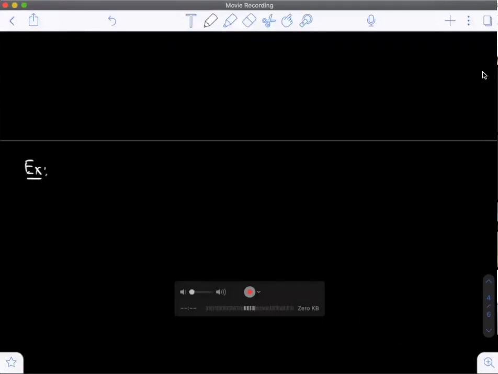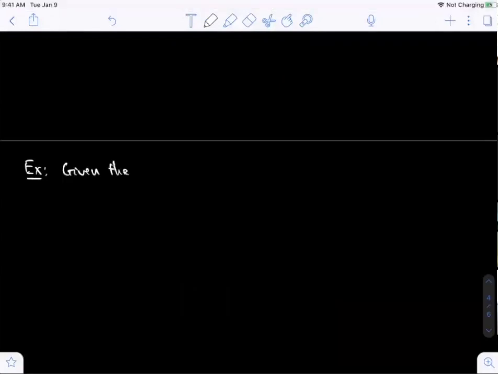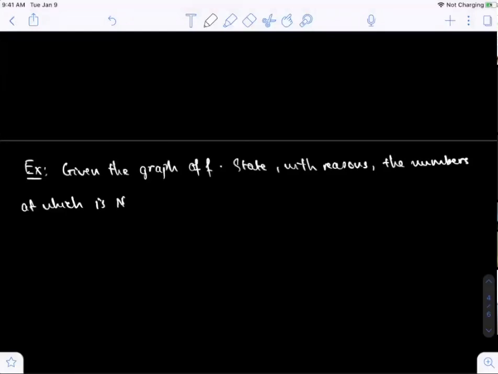Example: given the graph of f, state with reasons the numbers at which f is not differentiable.